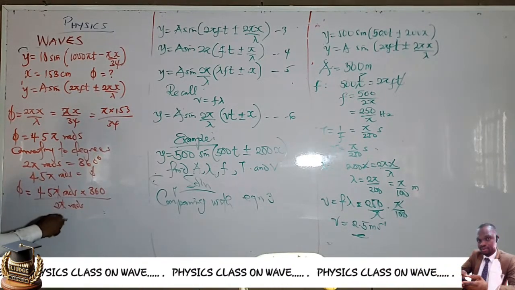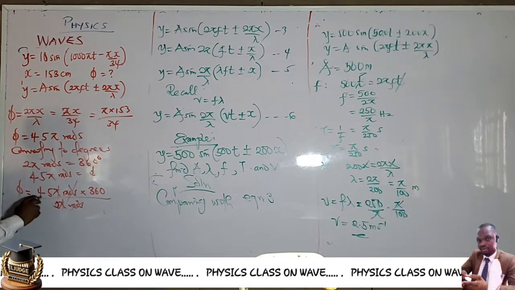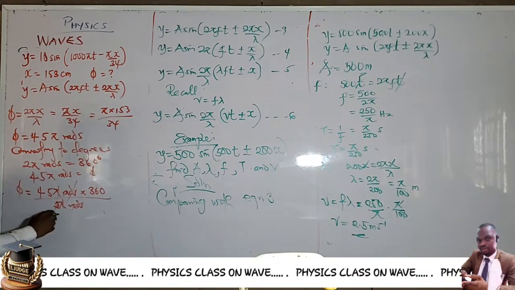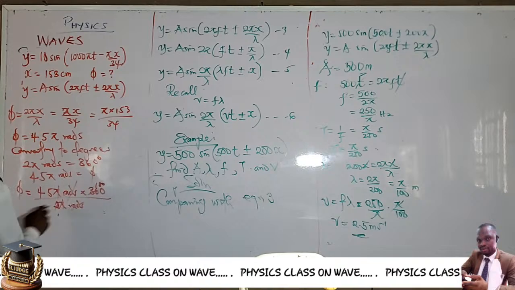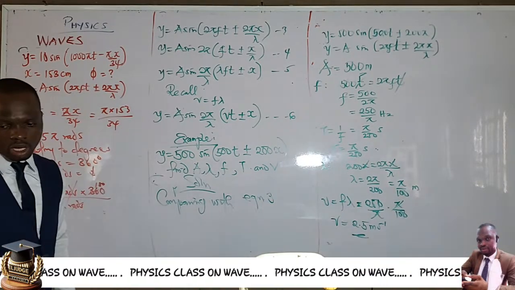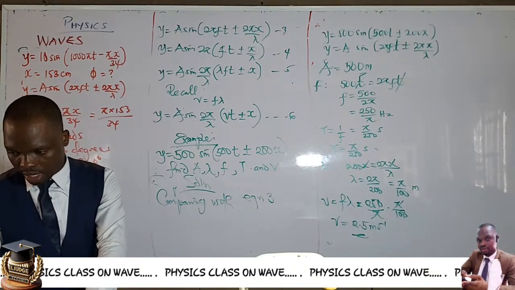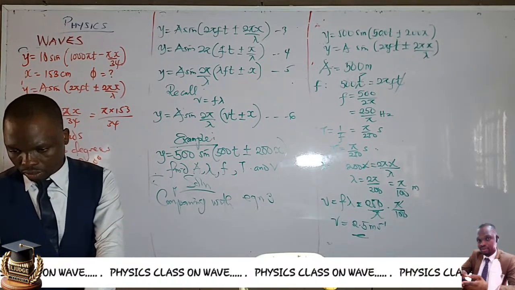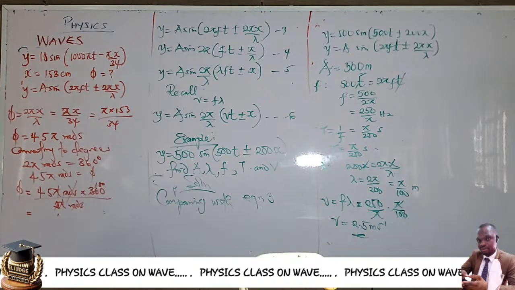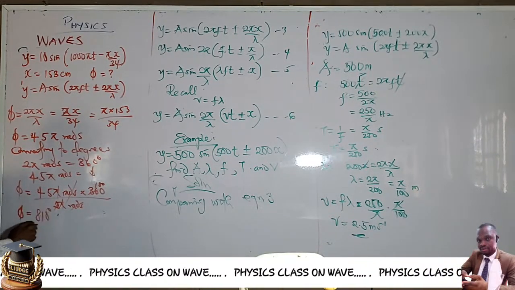Pi cancels pi, radians cancel radians. So we have 180, and 4.5 times 180 should be 810. So this gives us 810 degrees.